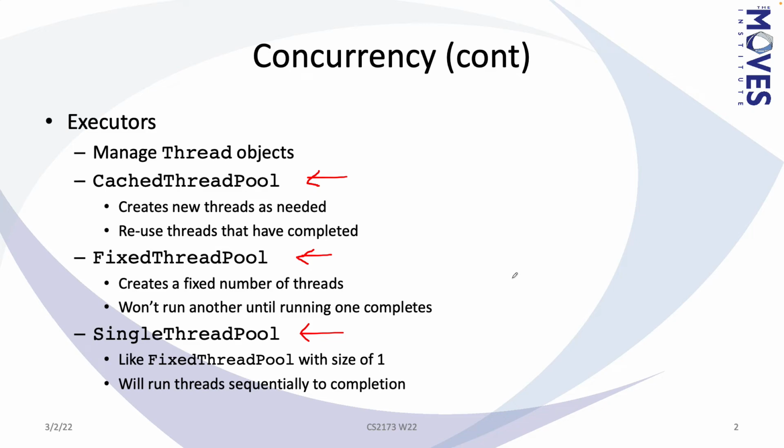There are some subtle issues in complex models that one has to worry about. Our main goal here is to understand enough about how multi-threading works to be able to be effective in implementing graphical user interfaces in Java. That's kind of what we're after.